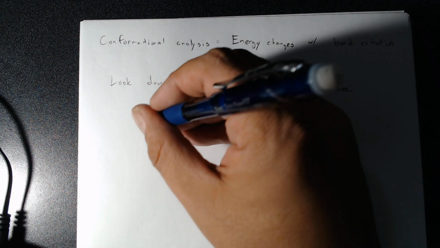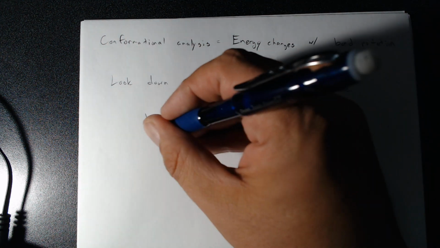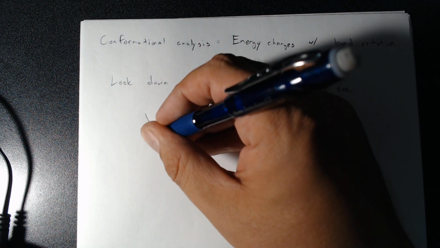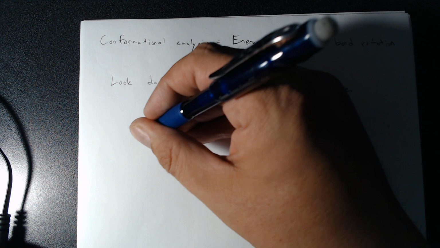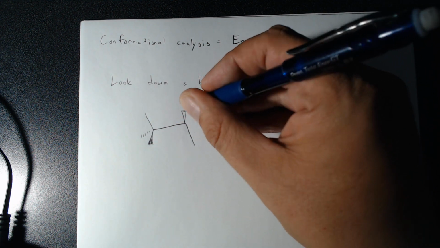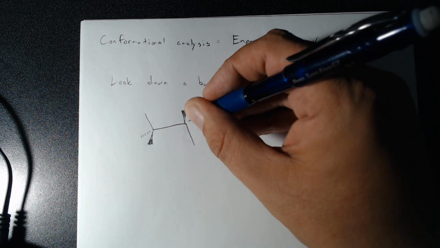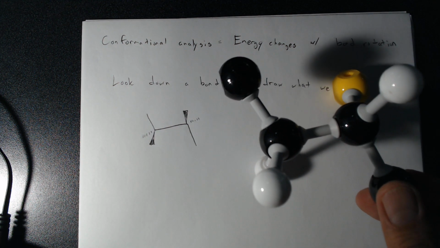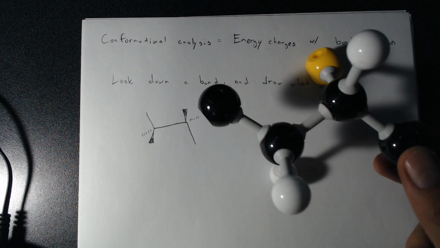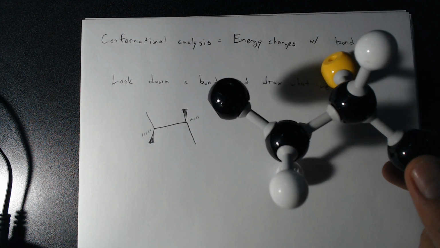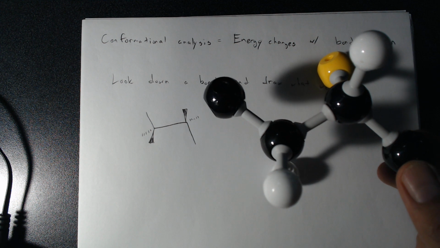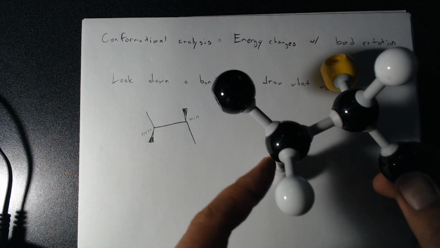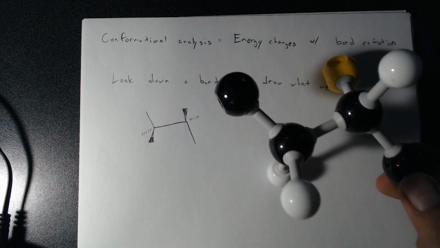Before we do that, I want to just draw on paper exactly what we're doing, just to make sure everybody's on the same page here. So once again, I'm going to make this line up with my paper. Typically what you're going to do is line it up with your paper. Okay, that's the zigzag that's in the plane of the paper, the black carbons. And then the dashes and wedges are the white groups here and the white and yellow group over here.